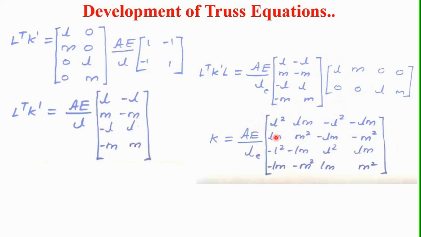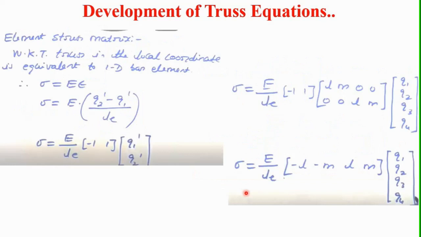So the stiffness matrix k is equal to AE by LE into, in brackets, l square, lm, minus l square, minus lm; lm, m square, minus lm, minus m square; minus l square, minus lm, l square, lm; minus lm, minus m square, lm, m square. This equation is called the stiffness matrix equation.